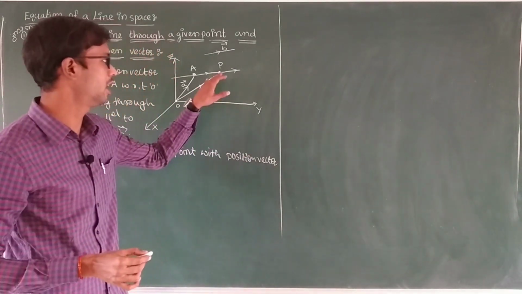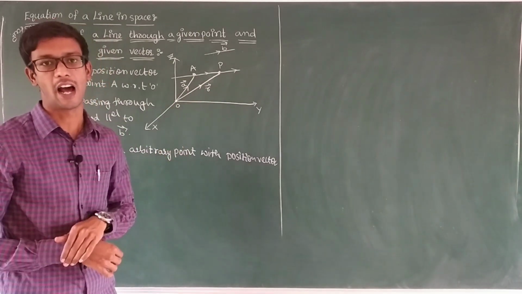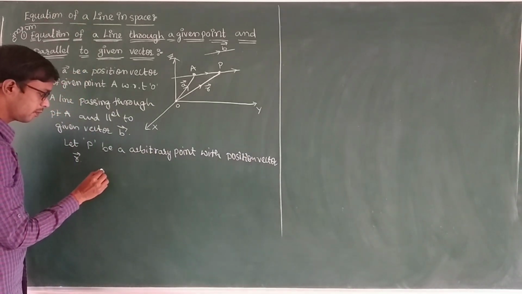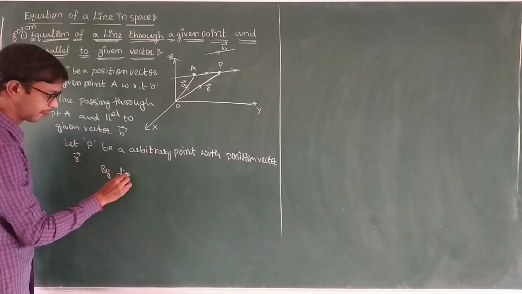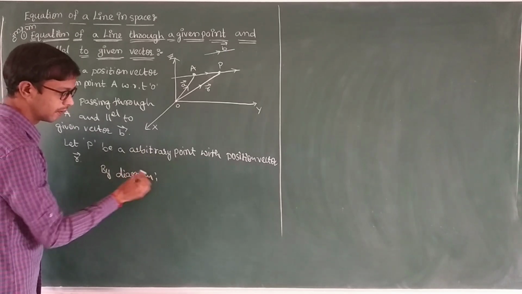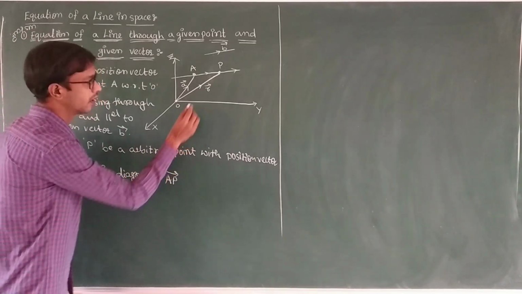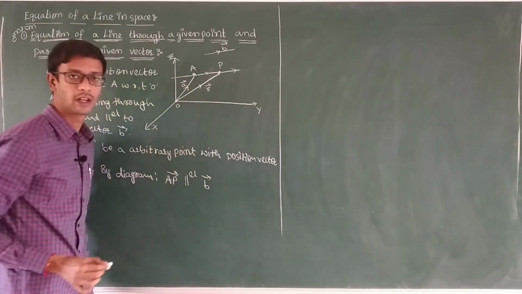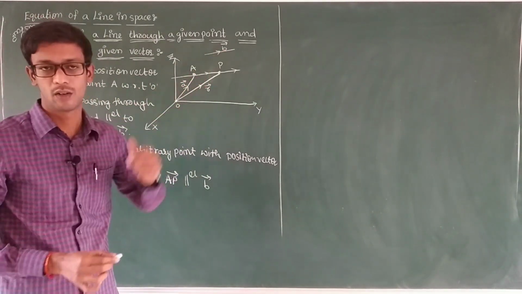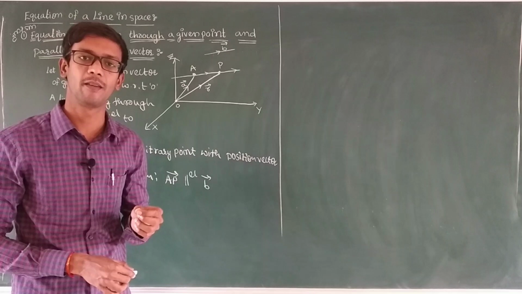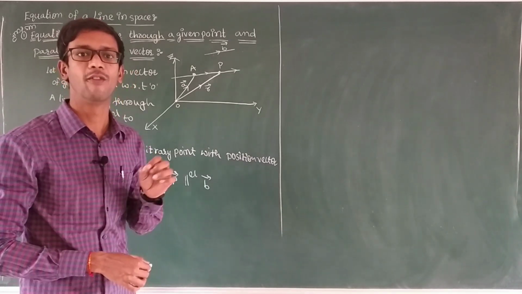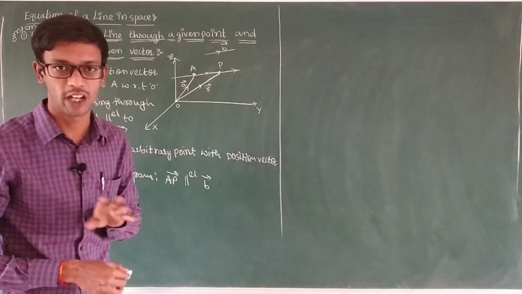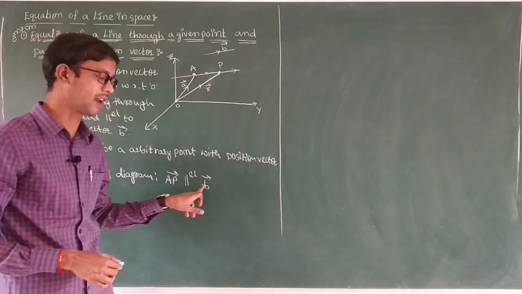Now by the diagram, AP bar is parallel to B bar. The AP bar vector is parallel to the B bar vector. Parallel here means collinear also. In vector algebra and 3D space, parallel means we can take it as collinear, no problem.